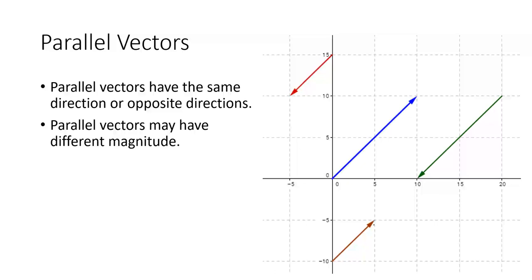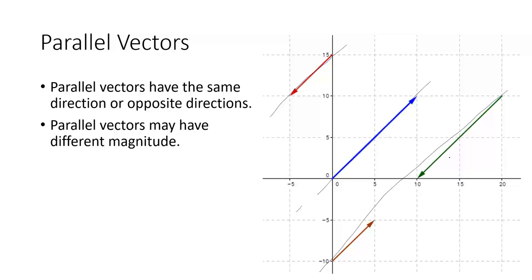So these are not equivalent vectors, but if you think about the line they are in, all these vectors are lying in parallel lines, right? So these are called the parallel vectors, and the parallel vectors may have different magnitude, or they could have the same magnitude, right?